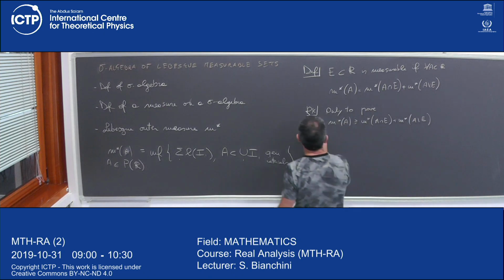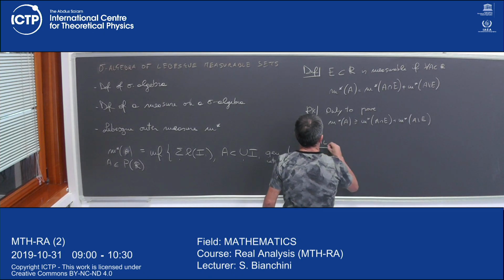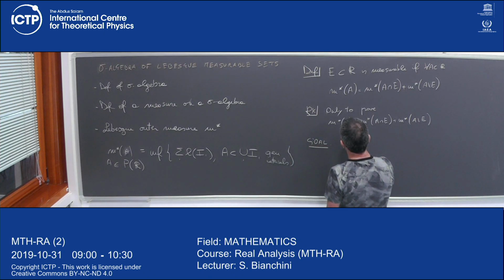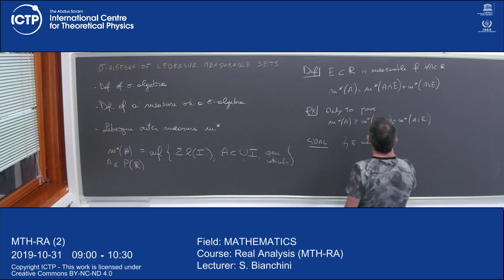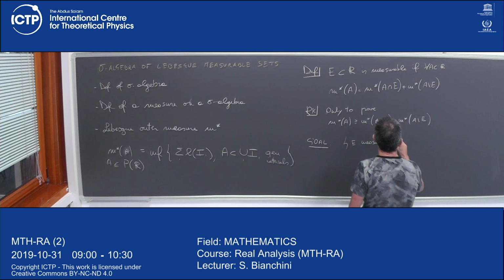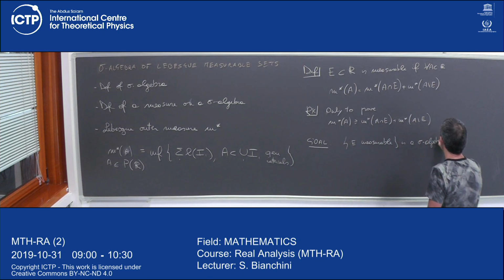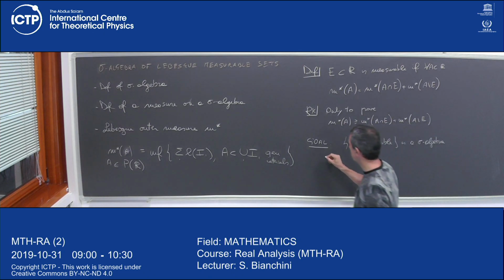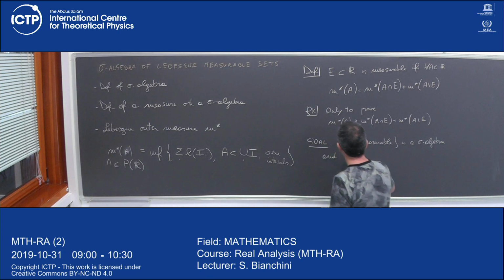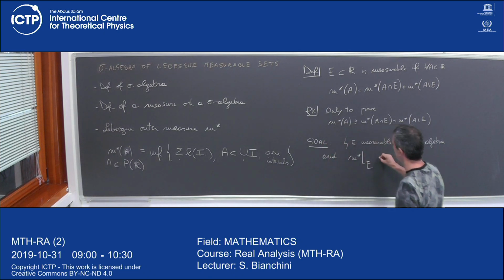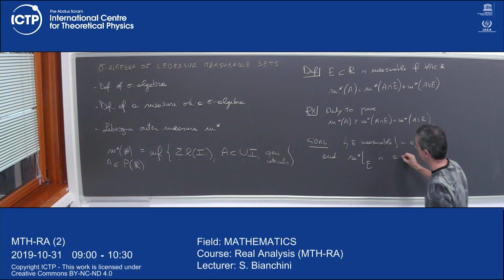So the goal: the family of measurable sets is a sigma algebra, and M star restricted to it is a measure.